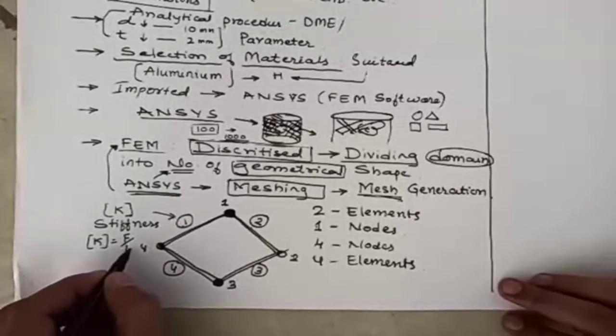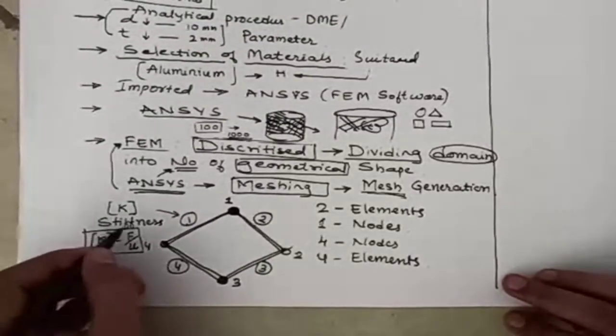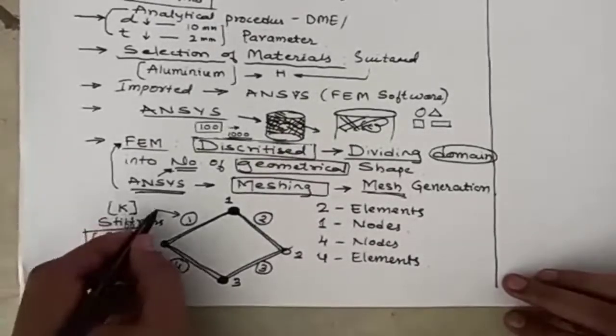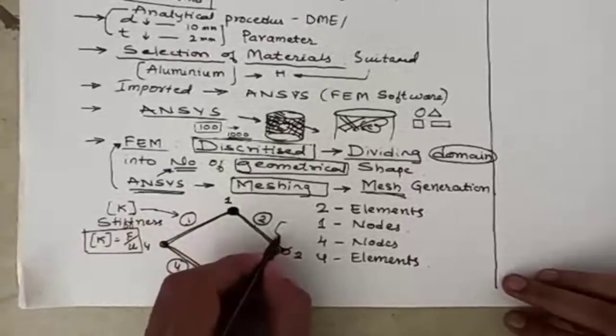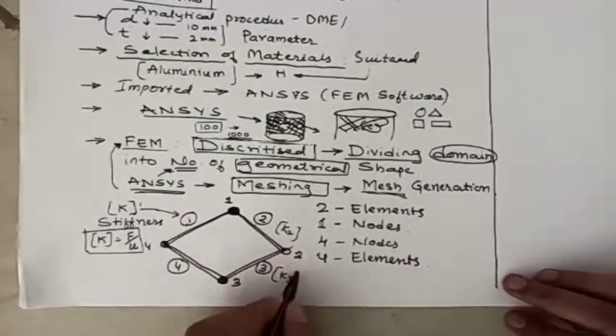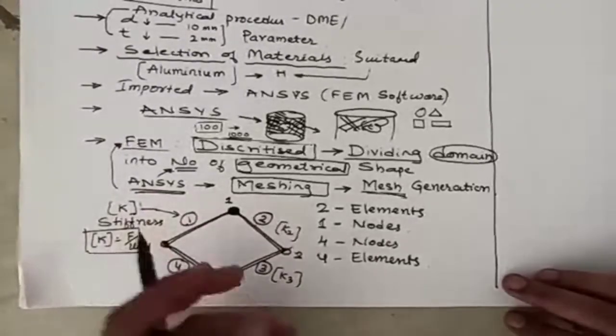Force per unit displacement is called stiffness. Okay, so that will be K. Now each element will have K1, K2, K3, and K4, different stiffness matrices, different K values.